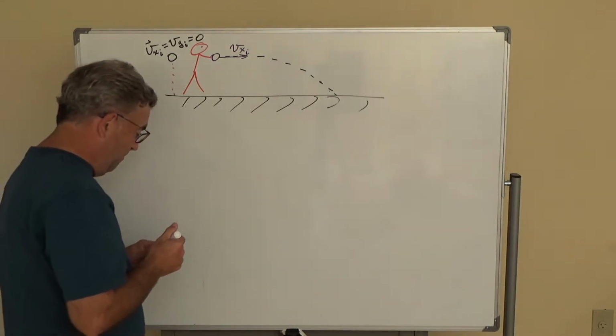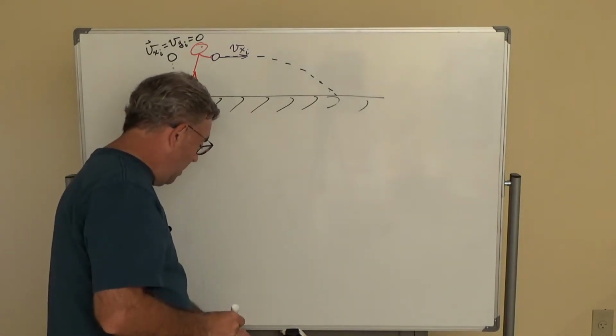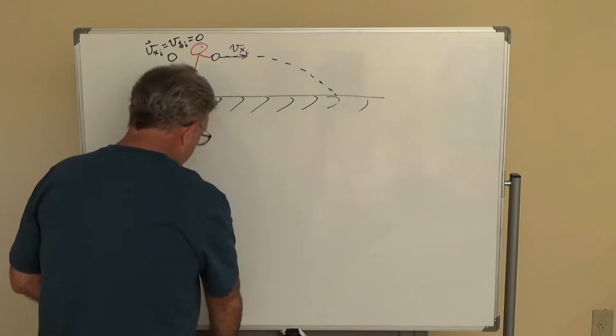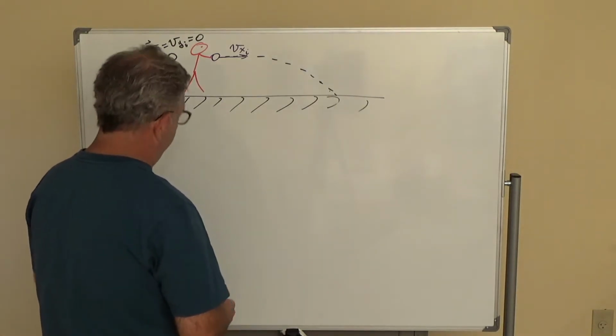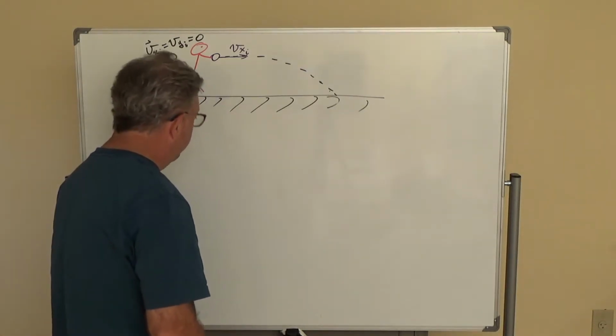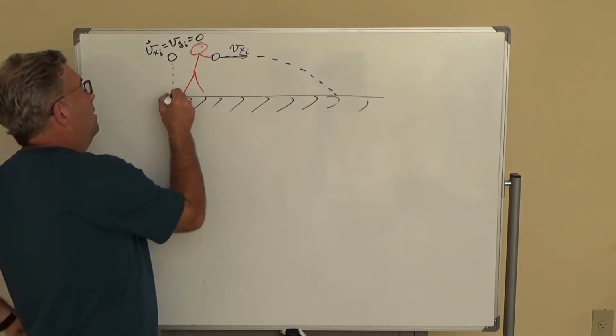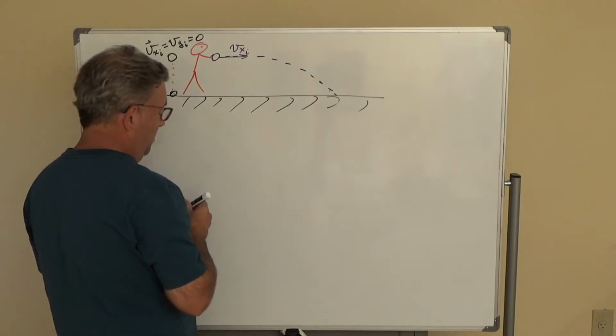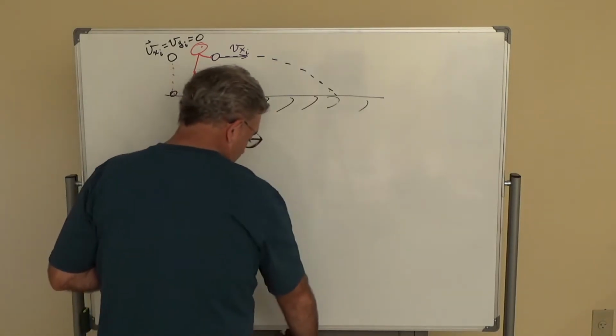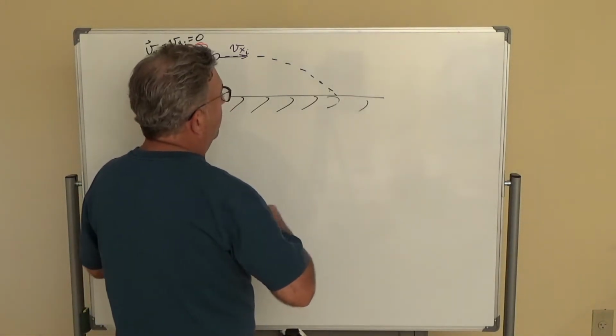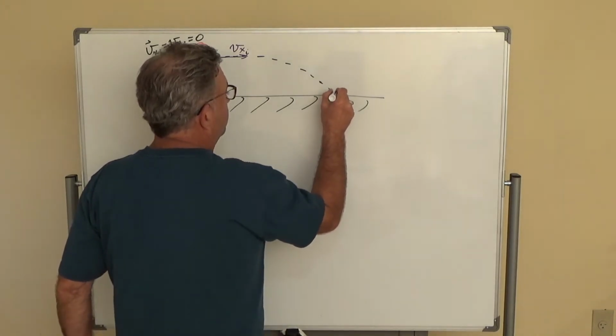I claim that these two objects will reach the ground at exactly the same time. No matter how hard I throw this object, that object and this purple object, they will hit the ground at the same time.